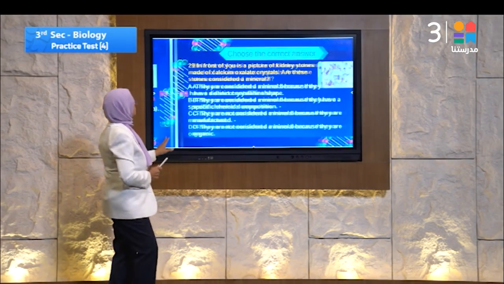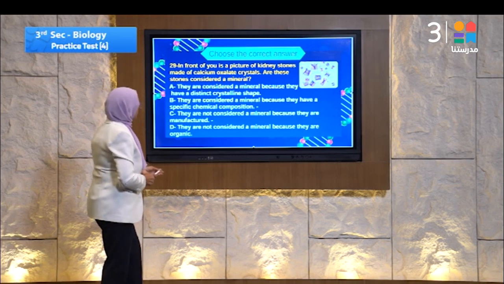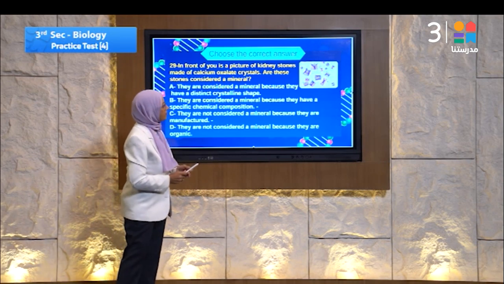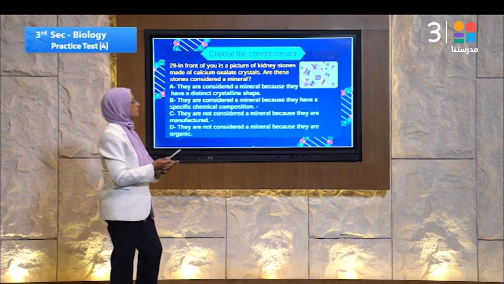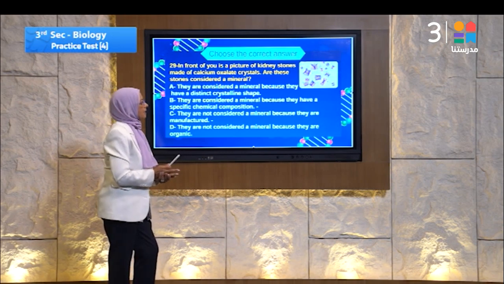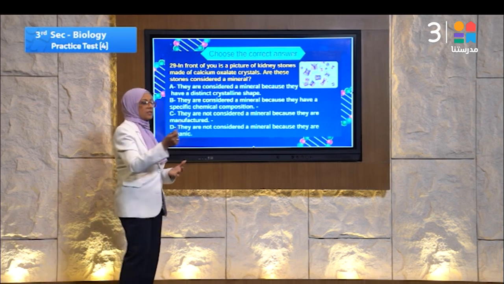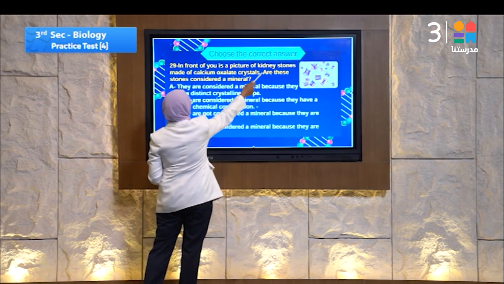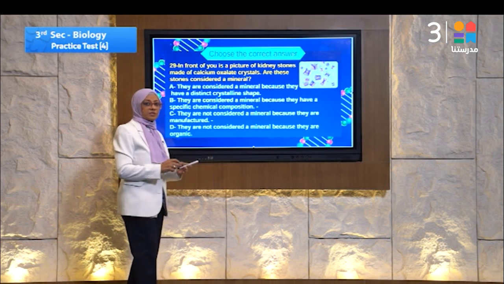Let's go to question number 29. Question number 29 has a figure. This figure or picture is about crystals. Where do these crystals come from? They come from kidney stones from a living organism's body.